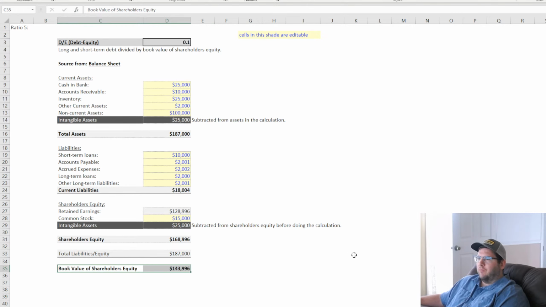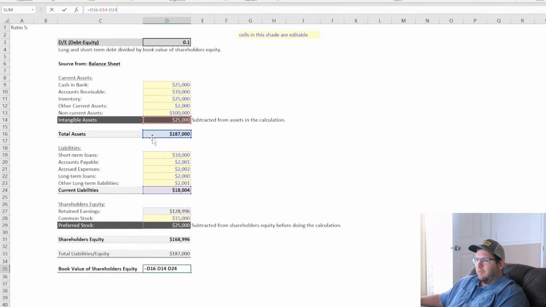We don't want to include intangible assets or preferred stock. And I see why, because technically this has to be paid out to other people. So the book value of equity is total assets minus total liabilities minus intangible assets, because we want to reduce assets.